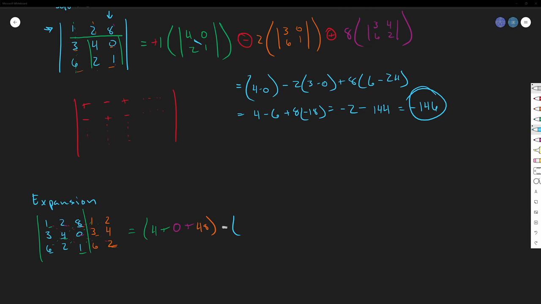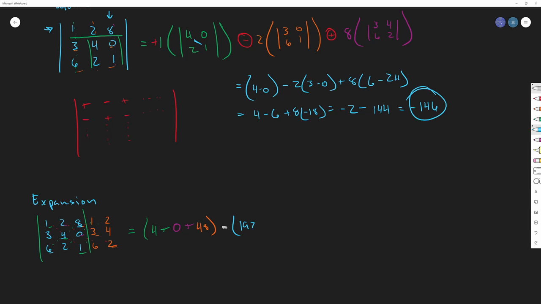That'll be 24, right? Yeah, 6 times 4 is 24, and then you multiply by 8, and that'll be 192. Plus, we have another 0, so that's just going to be 0. And then finally it's going to be 1 times 3 times 2, which is just 6.